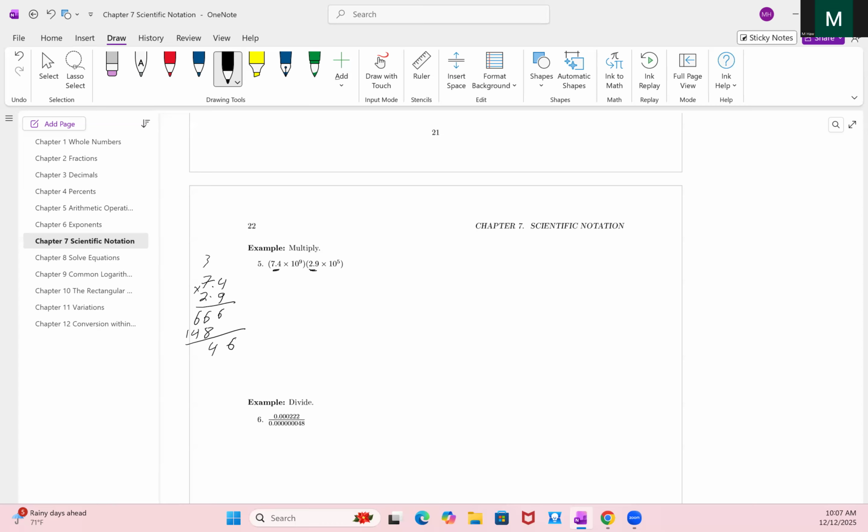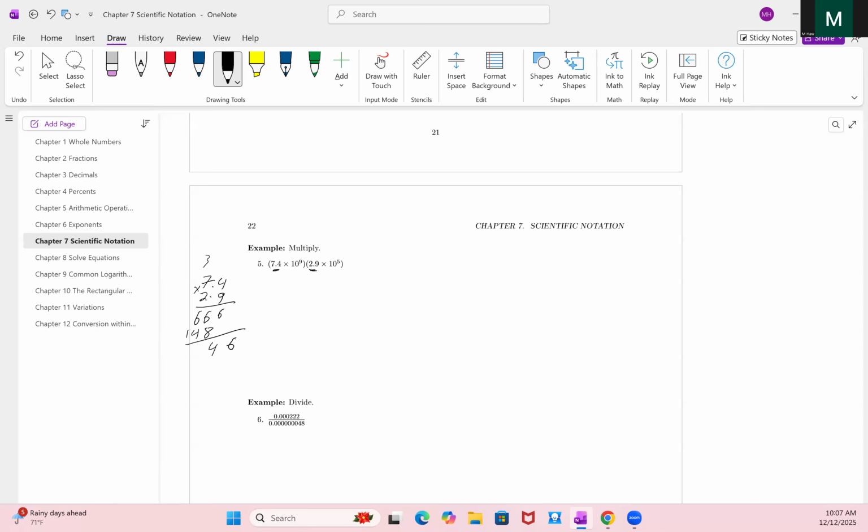Adding, we get 21.46. We have 2 places to the right in total among the numbers we multiplied, so there needs to be 2 digits to the right. So this product is 21.46.